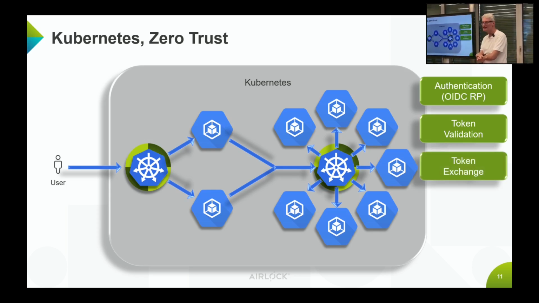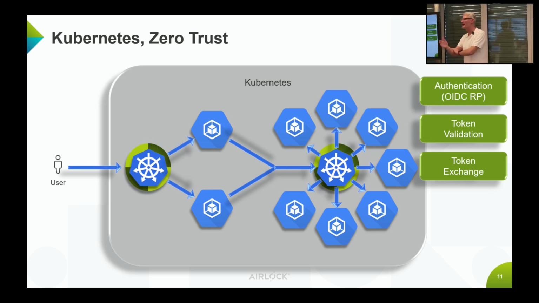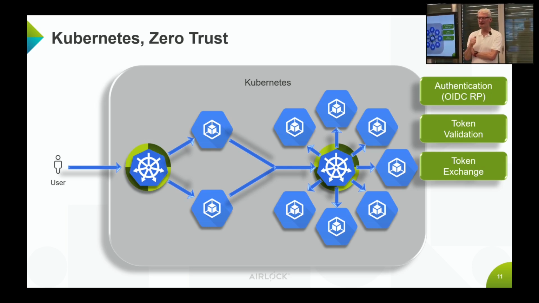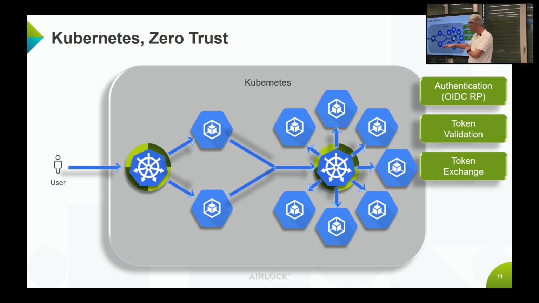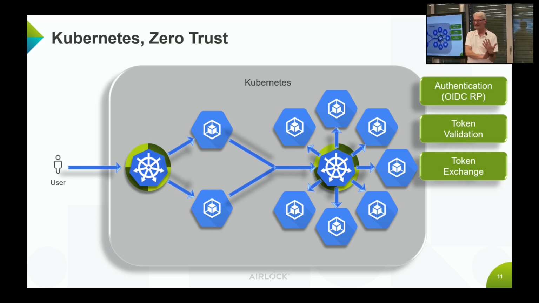Talking about tokens, it depends on how many issuers you have, but there are companies which have quite a lot of issuers, and then basically the applications need to know all these issuers. They need to understand the format of all these tokens.